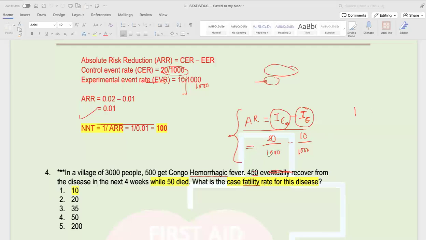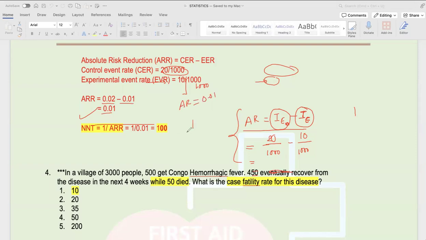Okay, now once we do the math, 20 by 1,000 equals 0.02 and 10 by 1,000 equals 0.01. If you do the math, it becomes 0.01. So that's our attributable risk. So what is the number needed to treat?